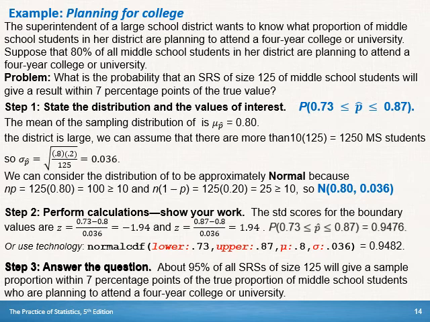So about 95% of the samples that we take would fall within plus or minus 7 percentage points of that 80%, which is the proportion of middle school students in the entire population who are planning on going to college.